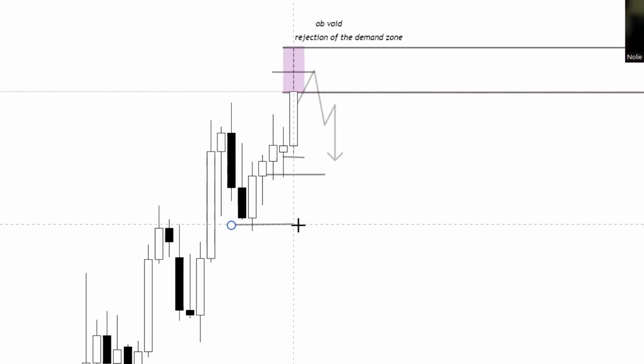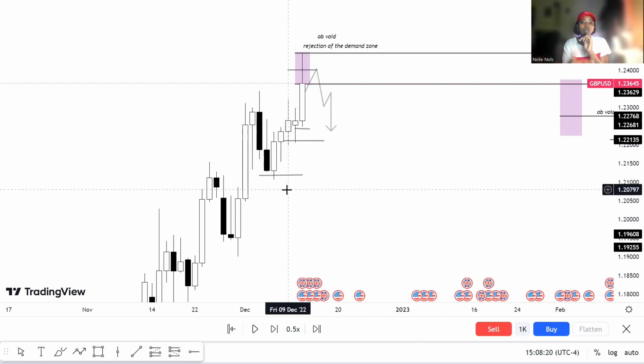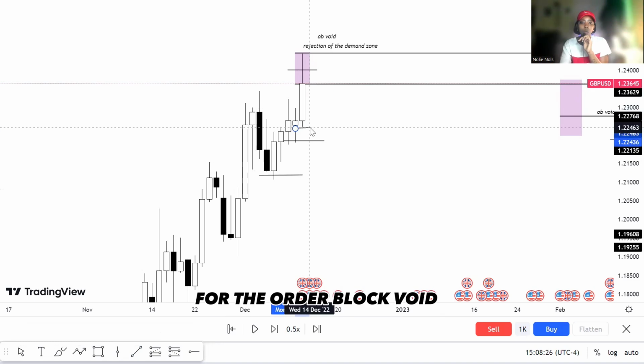So we want to see price taking out all the stop losses that were used by the buyer. Where you bought, you would still use it for sell. So all these orders here are for your retracement, okay? So let's see how price will play out for the order block void.